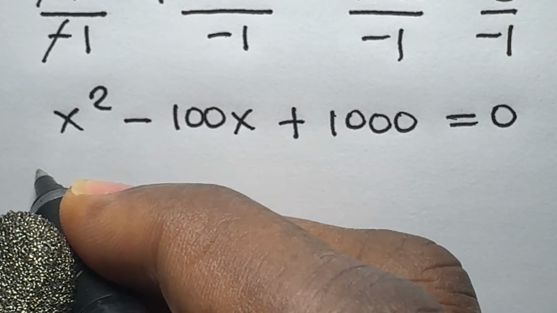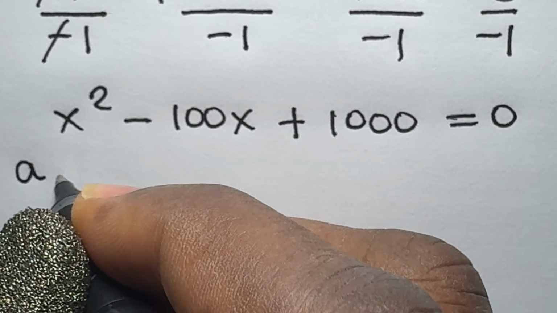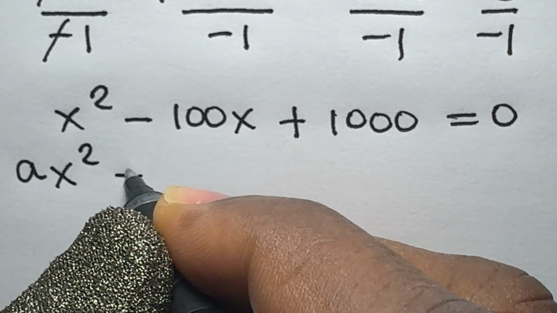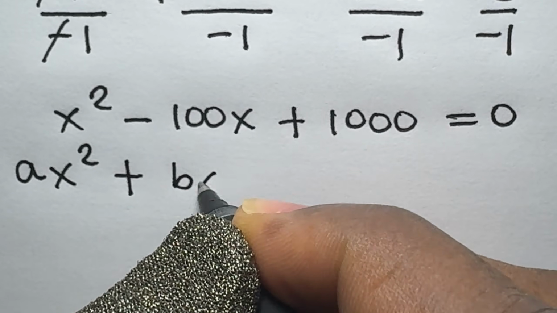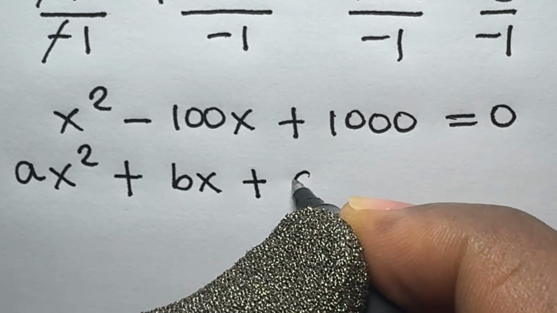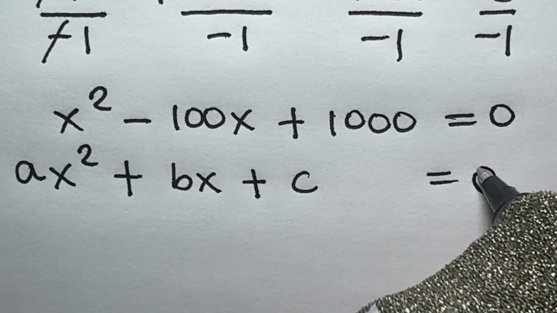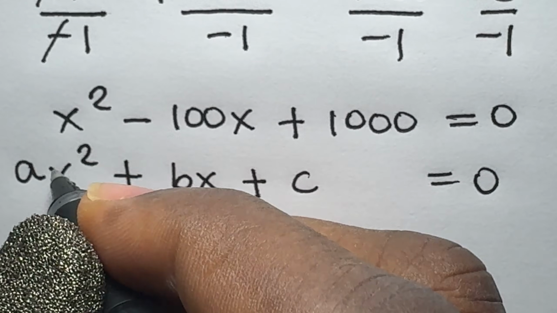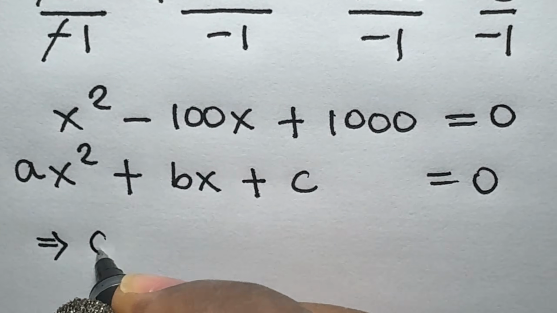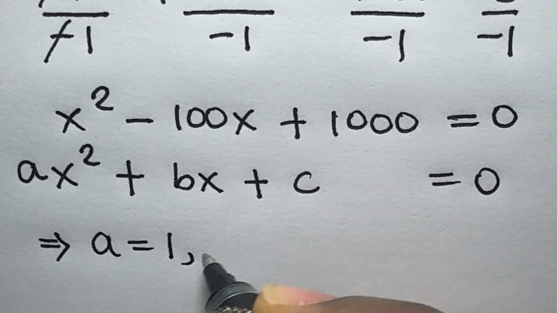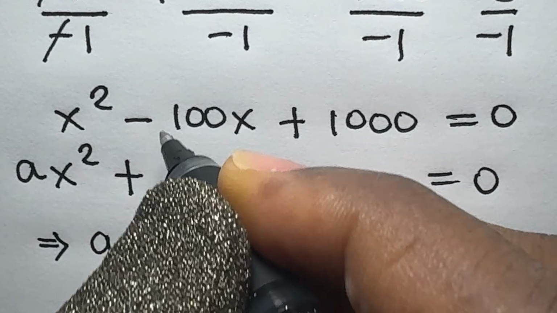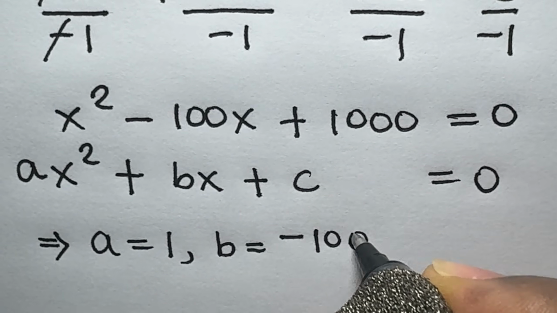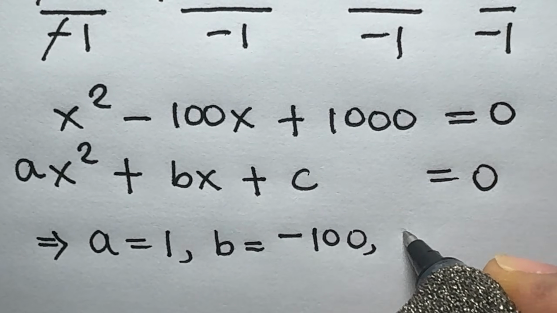I'll compare this with the general quadratic equation, ax squared plus bx plus c is equal to 0. Then we can see that a is 1, b is negative 100, and c is 1000.